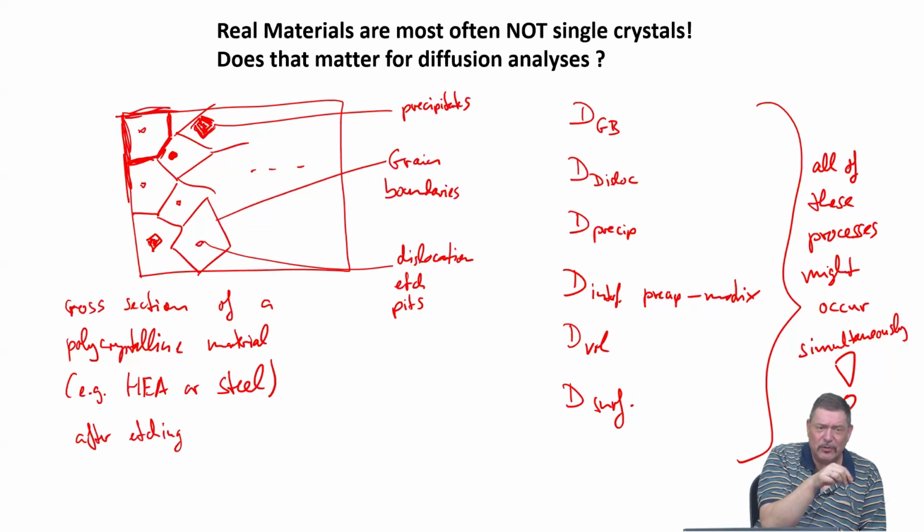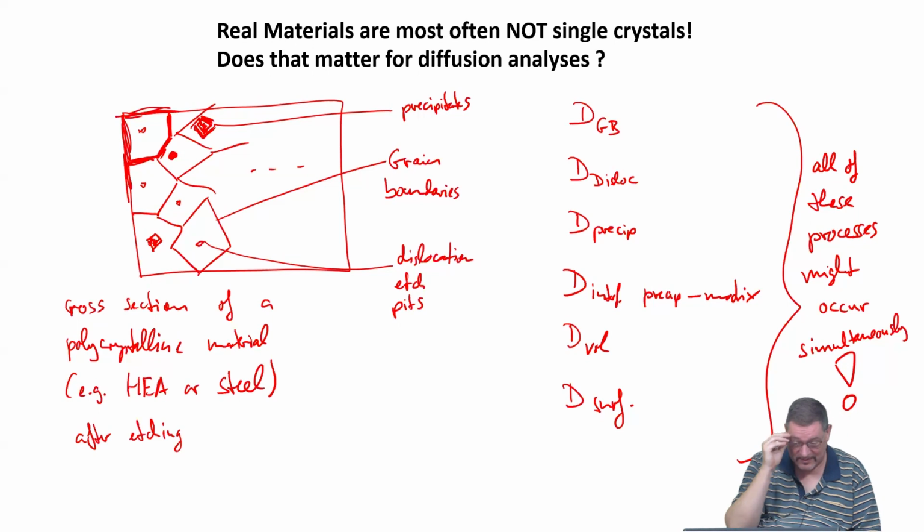I can tell you the grain boundary diffusion is not the fastest. So you can be confident in saying, no, it's not true. No, it's the second fastest. The fastest actually is diffusion along the free surface. So this is the fastest process.